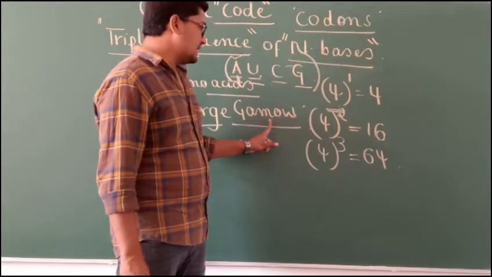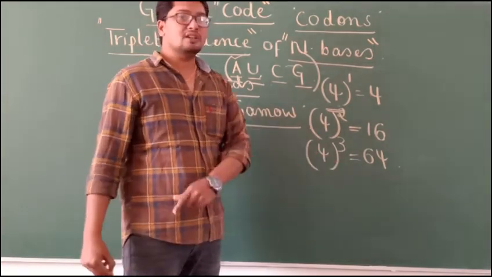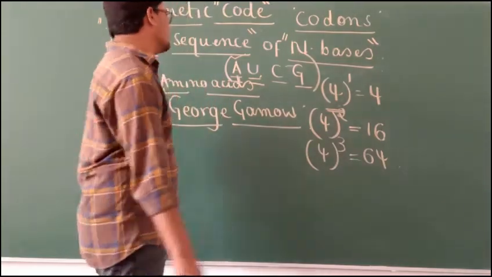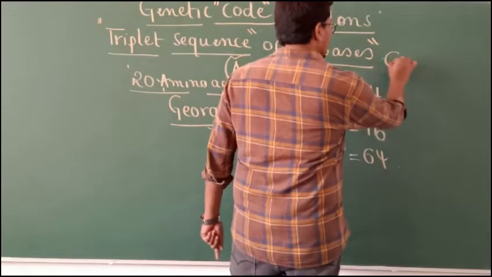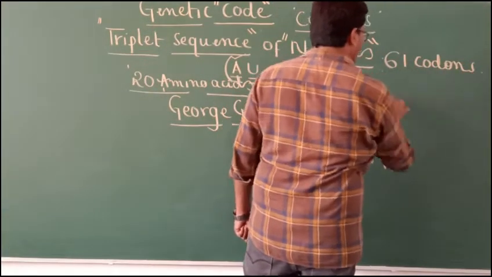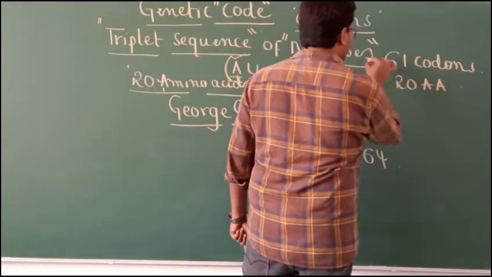So according to this, in the genetic code library, totally how many codons are present? 64 codons are present. Out of these 64 codons, 61 codons code for how many amino acids? 20 amino acids.